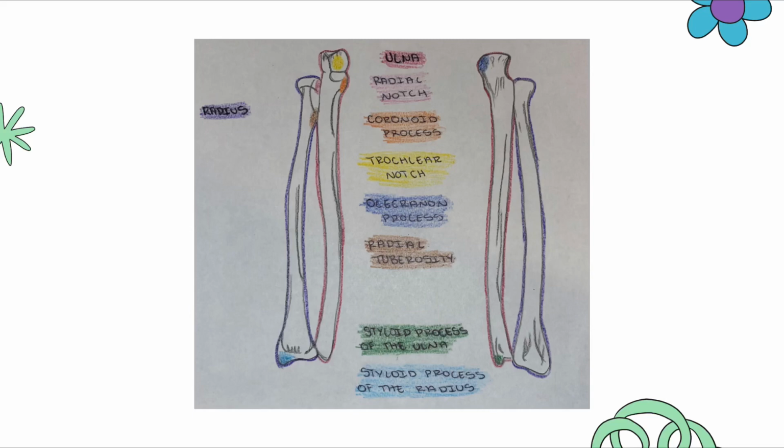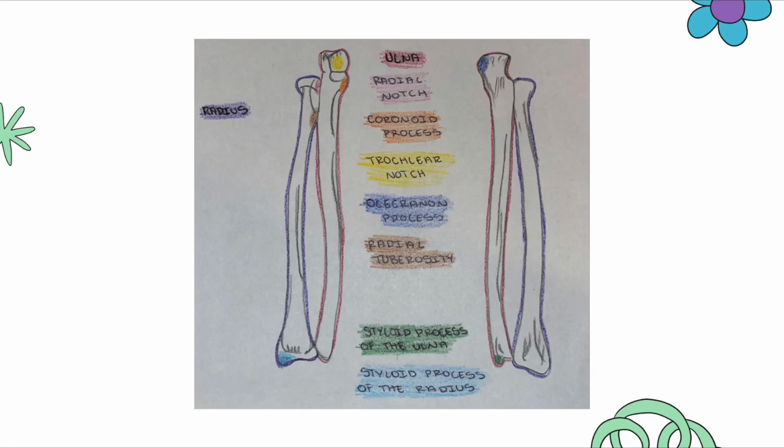Now moving on to the radius, as you can see on the right side of the picture in pink, that little pink spot is going to be our radial notch. That is where the head of the radius is going to sit against the ulna, right in that little notch. It just fits all snug in there. And then we have the radial tuberosity, which is in that brown spot below the pink one.